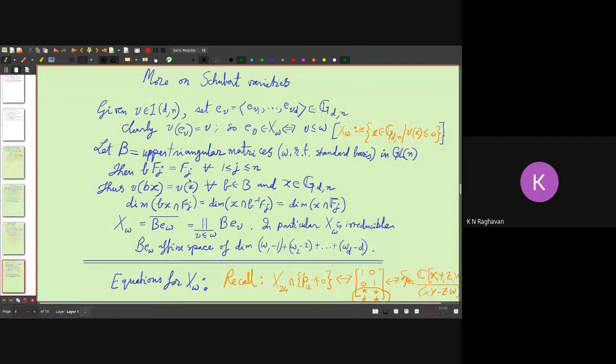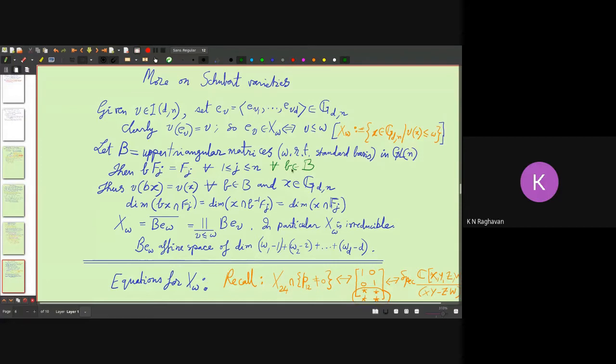Why is that? Here is an explanation. Let B be the upper triangular matrices with respect to the standard basis in GLN. Remember GLN is acting on the left on your Grassmannian. Observe the following, for all b in B.